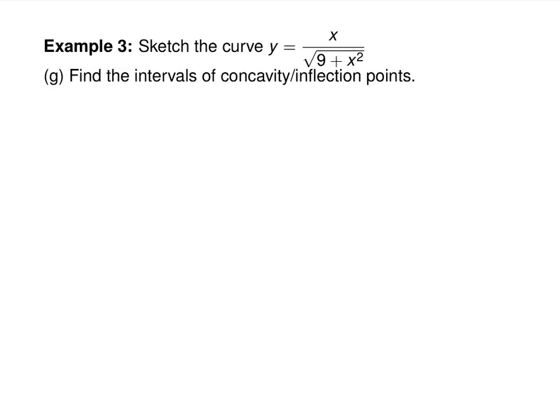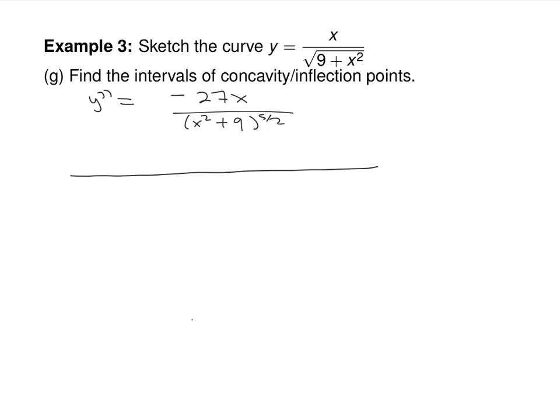Intervals of concavity and inflection points. Second derivative is also not so bad. It's minus 27x over x squared plus 9 to the 5 halves. So this one, are there any places where the second derivative is 0? Zero. Does that make sense? If you see an x in the numerator, you should be careful. Yes? Yeah, okay.